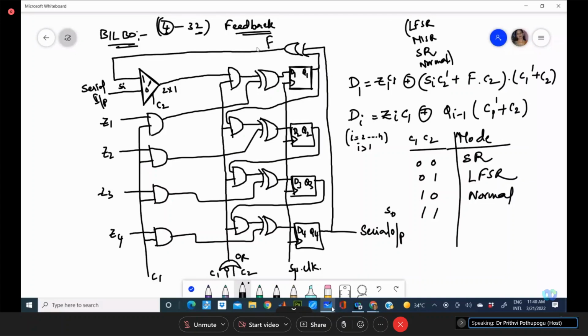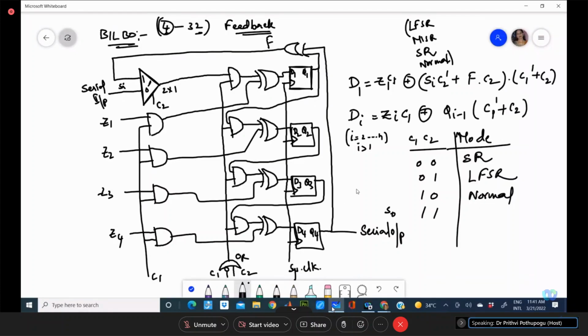That means this is disconnected, this is disconnected, this is also disconnected. Only the thing you get as input is Z. Only these Z values will be updated to your D flip-flops. That means this whole segment and this feedback are disconnected, and only Zs are connected to your D flip-flops. That means a normal storage element, a normal memory storage buffer sort of thing.